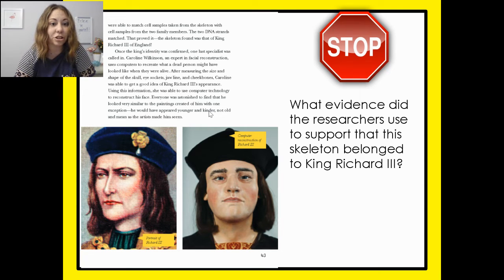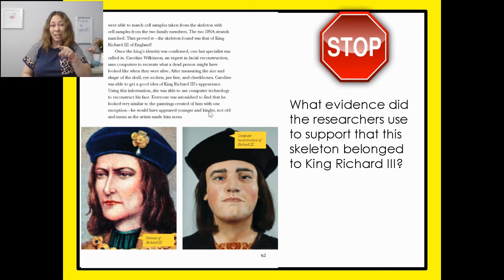Using this information, she was able to use computer technology to reconstruct his face. Everyone was astonished to find that he looked very similar to the paintings created of him, with one exception. He would have appeared younger and kinder, not old and mean, as the artist had made him seem. So again, the artist had depicted him as looking old and mean.